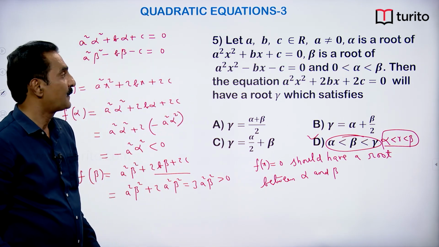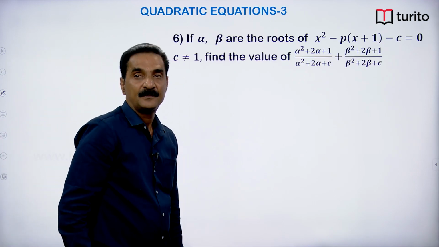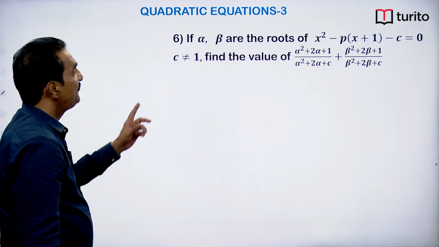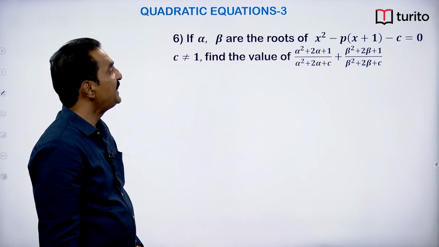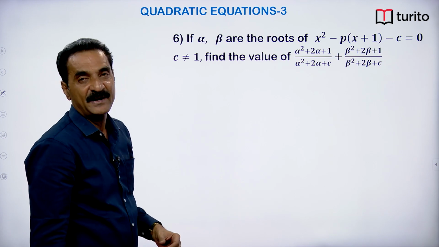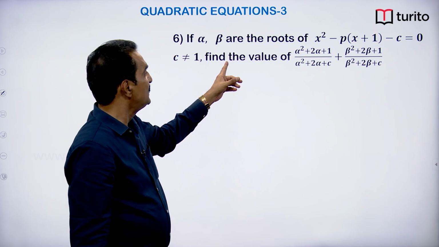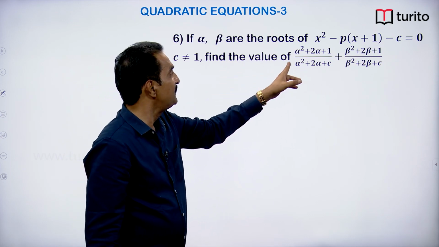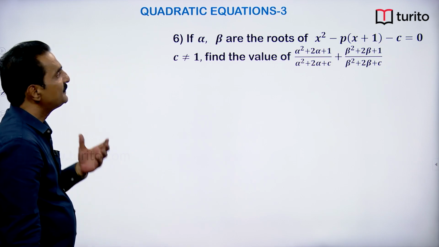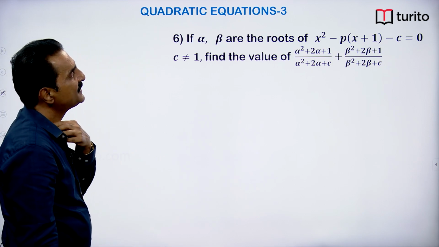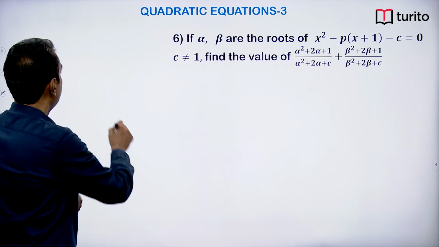Next question. If alpha and beta are the roots of x square minus p into x plus 1 minus c is equal to 0, c is not equal to 1, find the value of this expression. First, alpha and beta are the roots of this equation, means I will write alpha plus beta and alpha beta immediately.